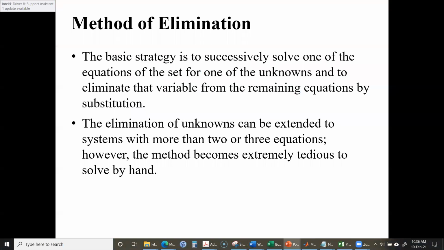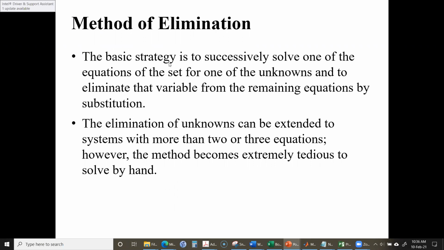Okay, the next is the method of elimination. Previously it was the method of determinants, that is Cramer's rule, but this is the method of elimination.